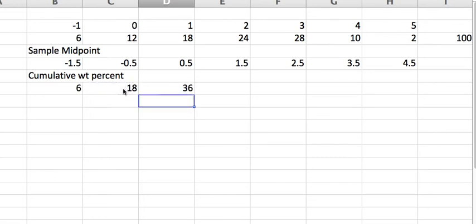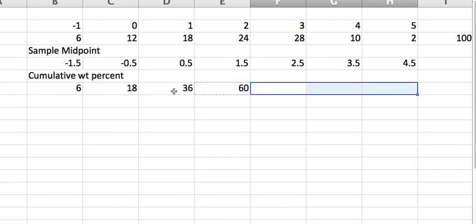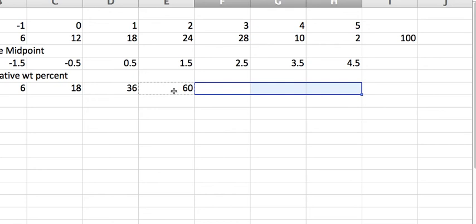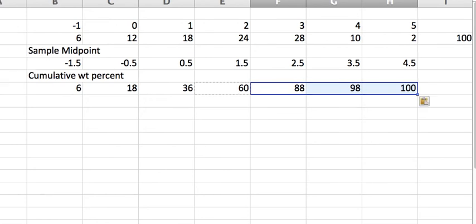So 36%, and so on and so forth. So that'll equal 24 plus 36. And now I can actually just copy this over to the end. And you see it ends up at 100%. So here is how we create the cumulative probability.